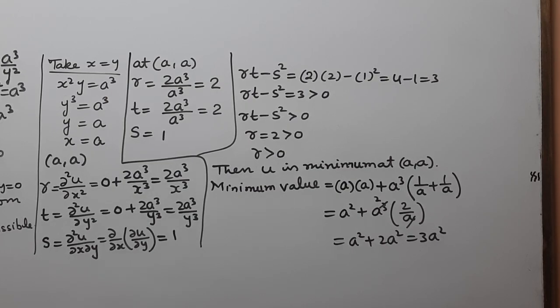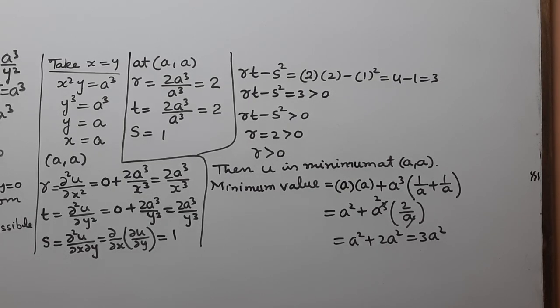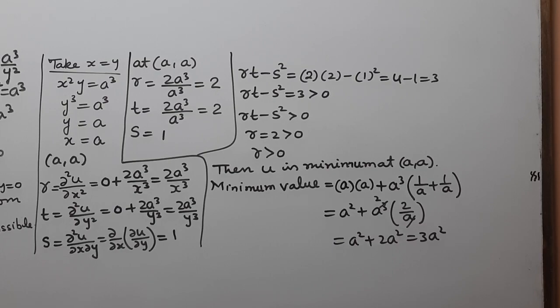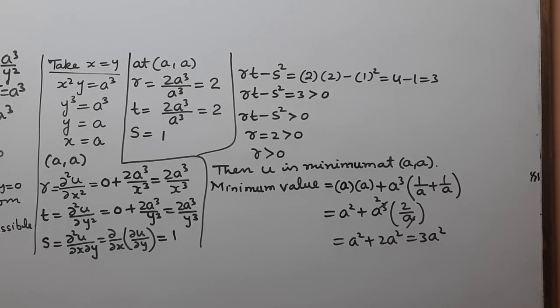Solve these two equations and we get some pairs of points. Now we find r, t and s. r is the second order partial derivative of u with respect to x, t is the second order partial derivative of u with respect to y, and s is the second order partial derivative of u with respect to y and then with respect to x.